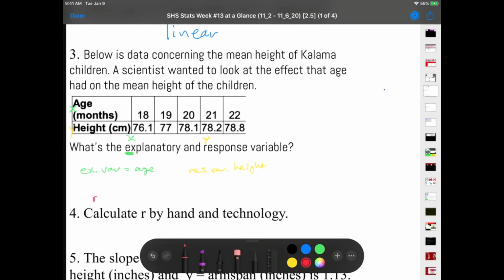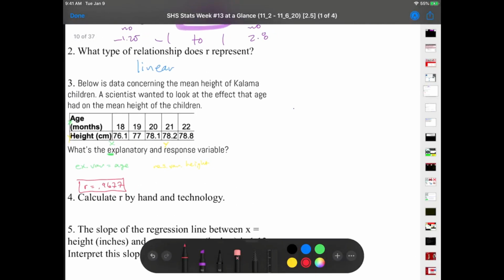We can calculate the R value by technology. We'll do it by hand. R is 0.967, and I'm going to round it to 7 places. Okay, this is my R value. Okay, remember for regression R, there's a formula. So let's do this by hand now.